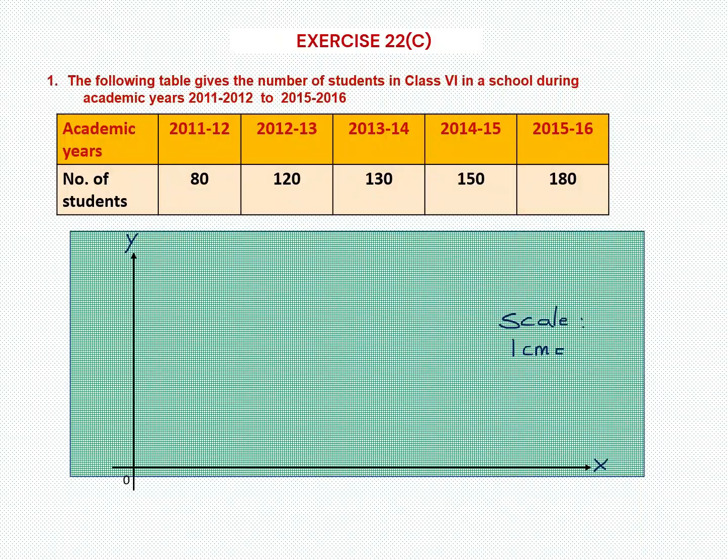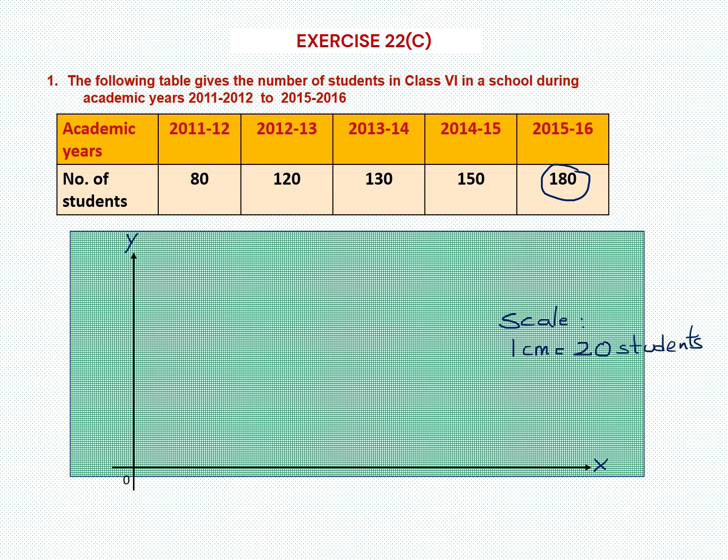So 1 centimeter we can take as 20 students, because as you can see in the second row, the highest number is 180. Now if you are going to take in tens, then it's going to go to a very long y-axis, which we might not be able to cover on our graph sheet. So we're going to take it in 20s.